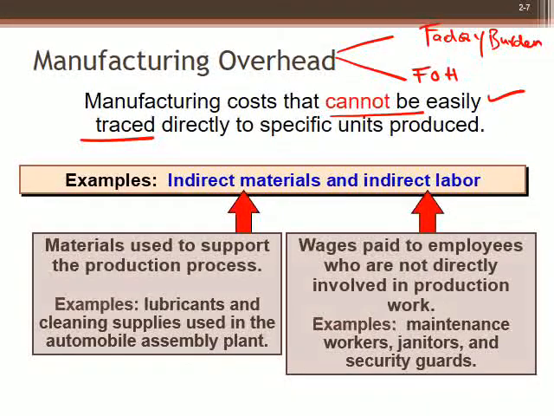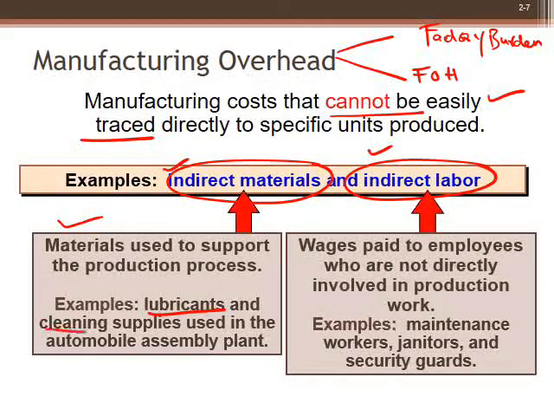Manufacturing overhead includes indirect material and indirect labor. Indirect material means materials that support the production process, for example, lubricants and cleaning supplies used in the automobile assembly plant.